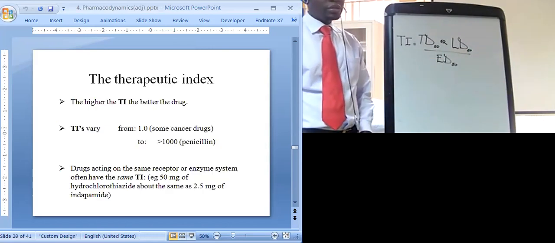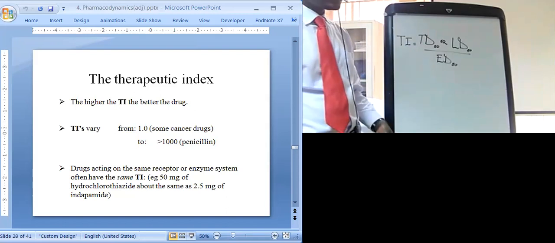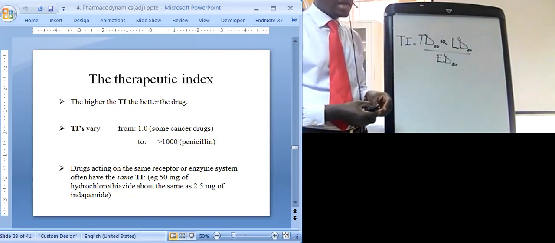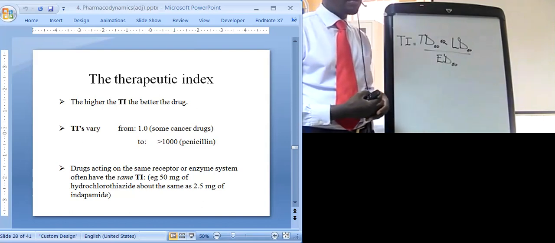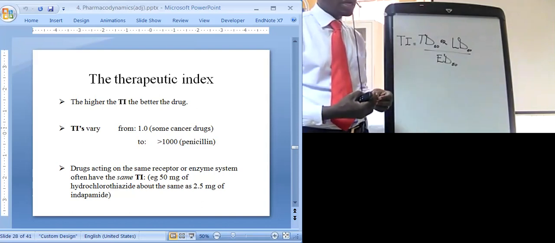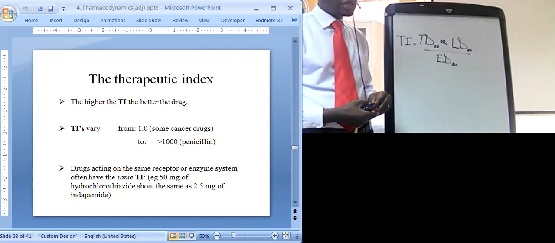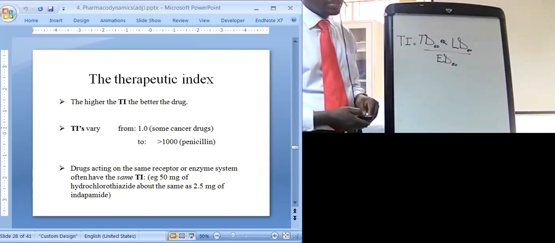We are saying the higher the therapeutic index, the better the drug. And basically they vary from one, for some kinds of drugs, to greater than 1,000. Drugs acting on the same receptor and enzyme system often have the same therapeutic index.